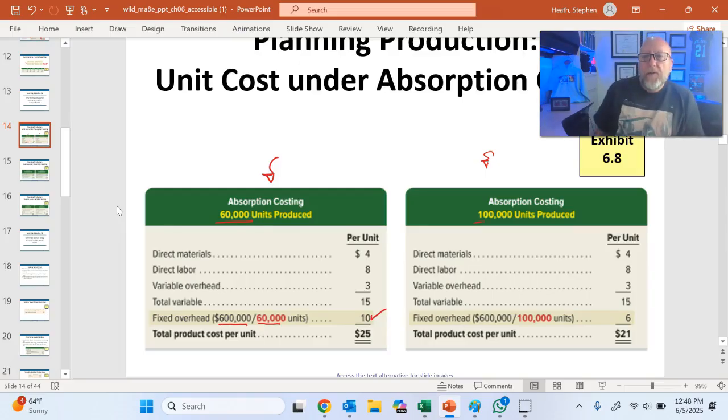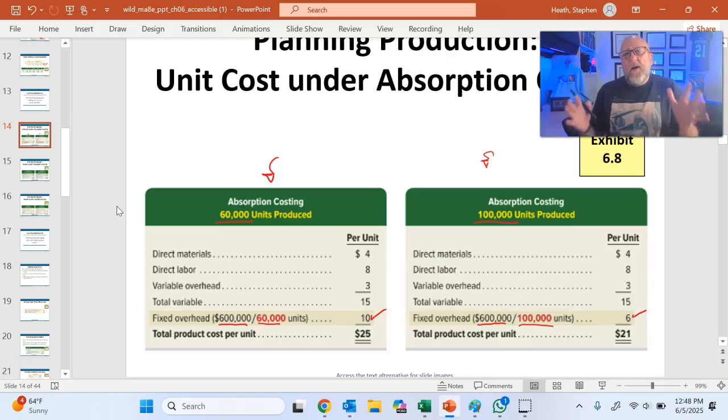Now, alternatively, if I choose to produce 100,000 units, I'm still going to incur the same 600,000 in fixed costs. However, I'm now producing 100,000 units, and therefore each unit has a fixed per unit cost of $6.